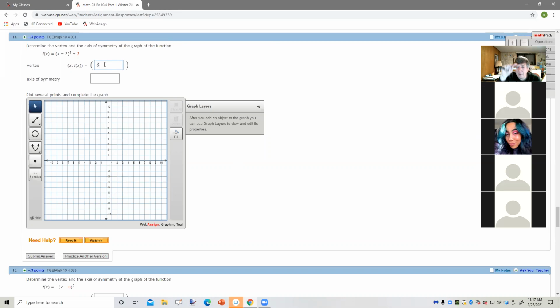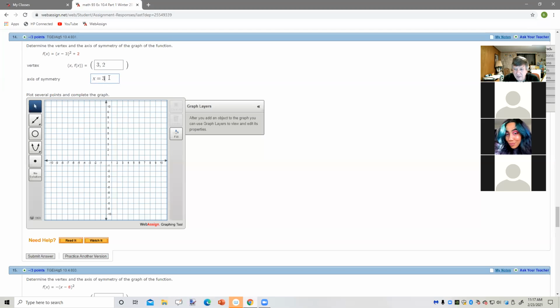It says x minus 3, so h is the opposite. And what's the y value? It's 2. Now, the axis of symmetry is going to be x equals 3. Time and again, people get this wrong because they put in just 3, and it has to be an equation. x equals 3.